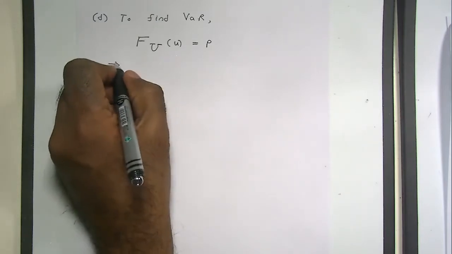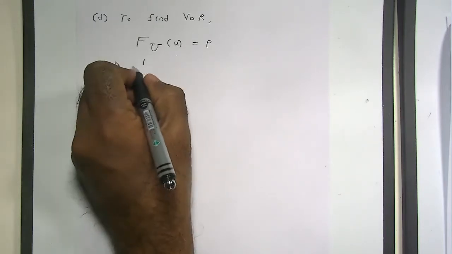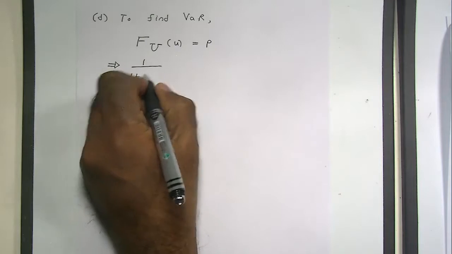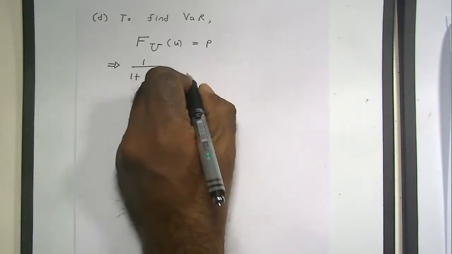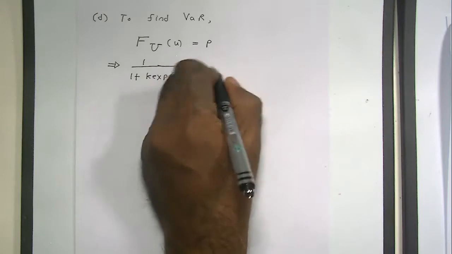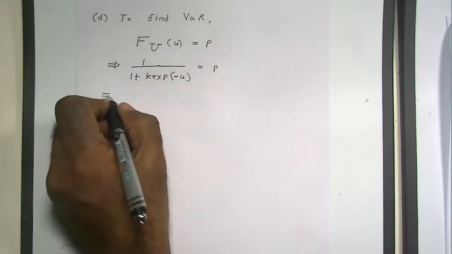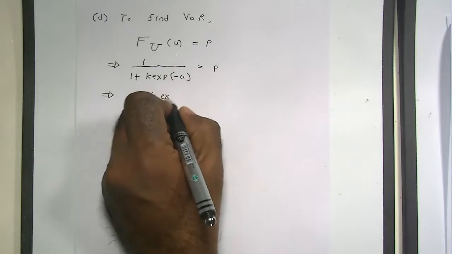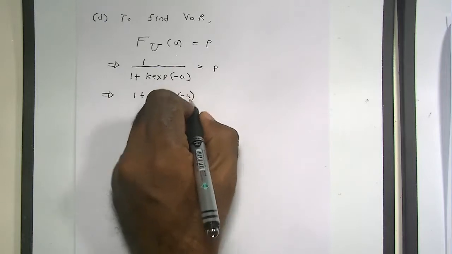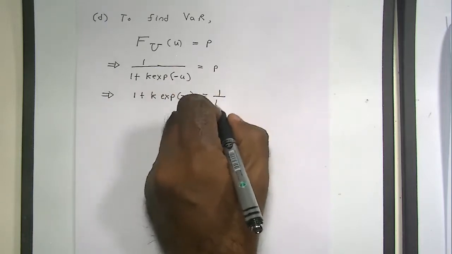So this will be the same as saying that this is equal to p. So this implies that 1 plus k e to the minus u is 1 over p.